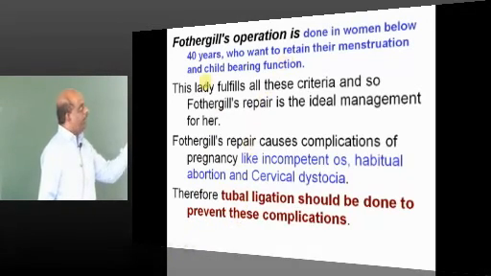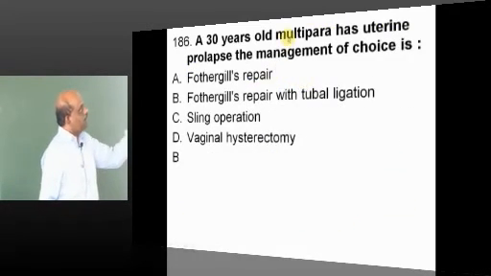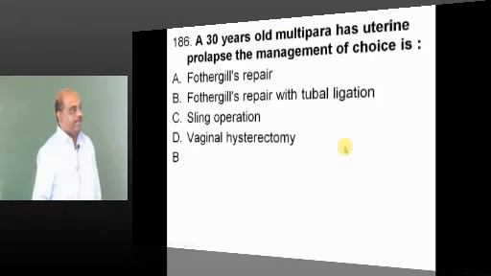Fothergill is done in women below 40 who want to retain their menstruation and childbearing function. Since she is multipara, she need not require children, hence you are doing tubal ligation.